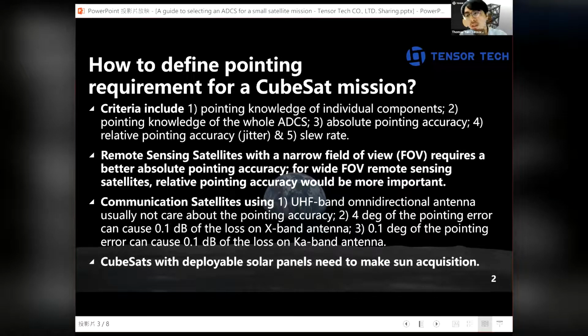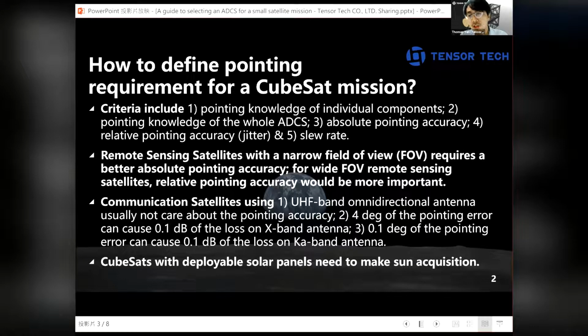Here it is a little bit different, because if you have a star tracker, while this star tracker is installed on your integrated ADCS or your self-built ADCS, there will be some misalignments of these components. So usually the pointing knowledge of your ADCS will be lower than at the component level.